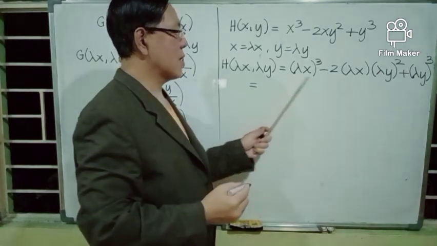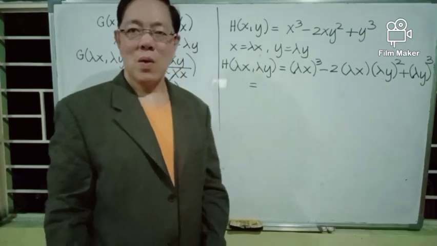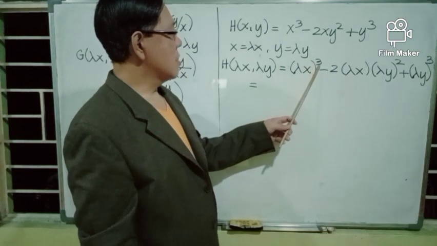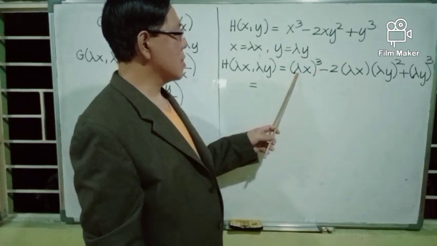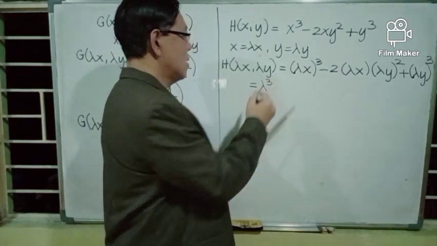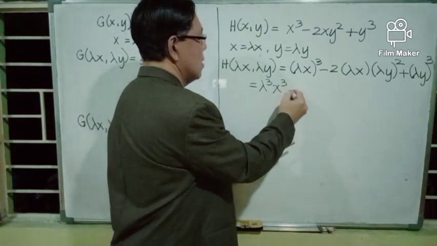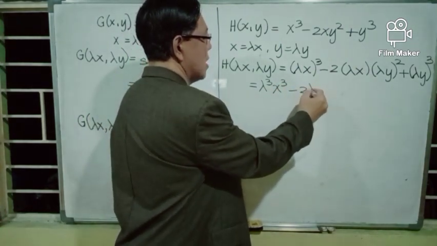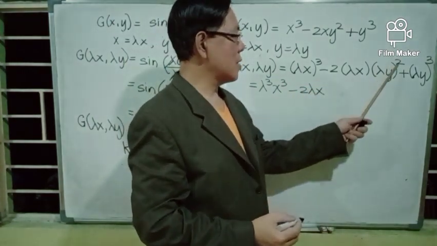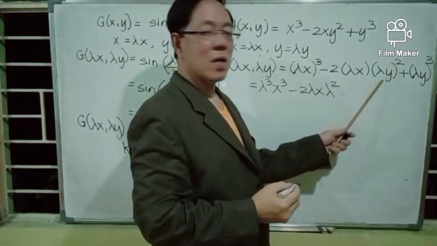And we simplify each term by applying properties of exponents which you must have taken from your algebra course. The cube of lambda x equals lambda cube multiplied by x cube. Minus 2 lambda x times the square of lambda y, which is the square of lambda multiplied by the square of y.